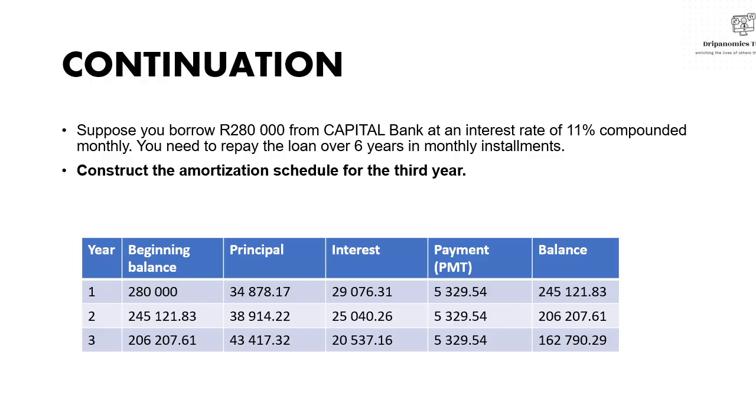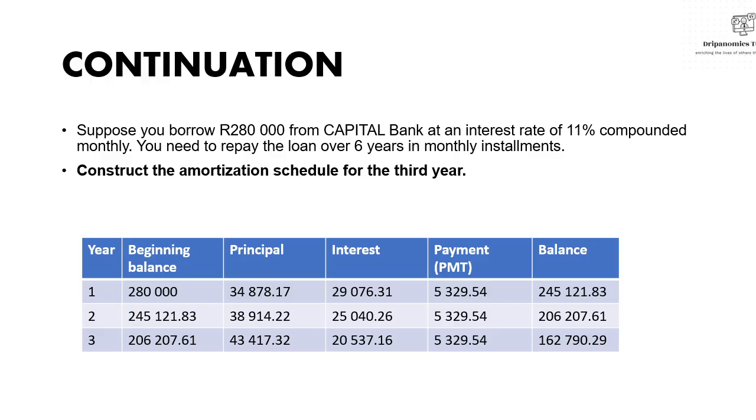You have the PMT, right? And then you press equal again. It will give you the balance at the end of year 1, how much you're still owing, which is 245,121.83. That balance, you carry it down to year 2. The ending balance of year 1 is the opening balance for year 2.